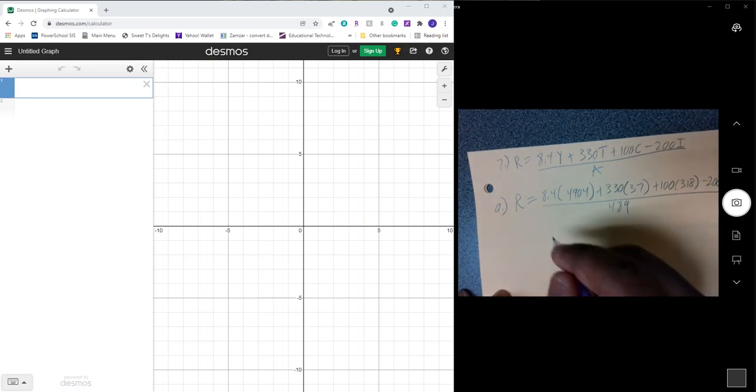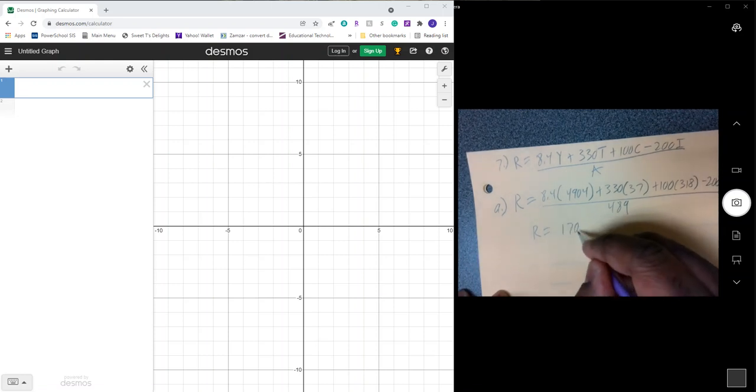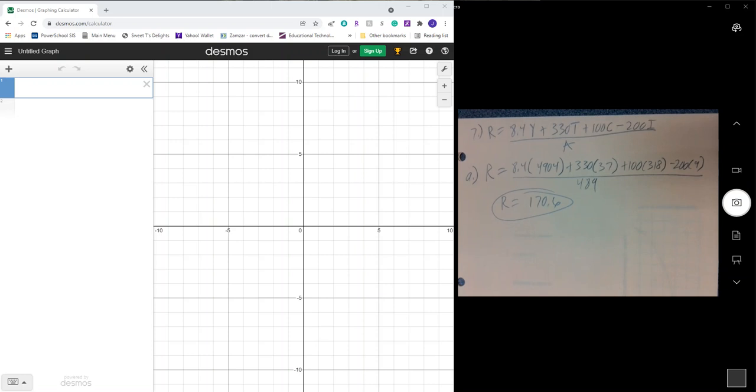Now, when we put this in our calculator, our R would be 170.6 when we round it to the nearest tenth. So that would be the rating.